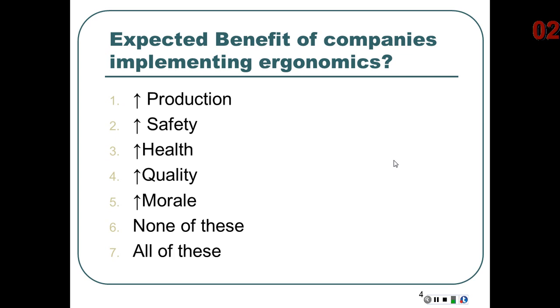Benefits of applying ergonomics would be increased production. If people can do jobs more easily, then they can do them faster, longer, so increased production. If they can do them more easily, they should be safer and healthier. The product should be produced of better quality. If they're not feeling pain and discomfort, and they're not having injuries, there should be improved morale. And so really the answer is number 7. All those are increasing benefits.